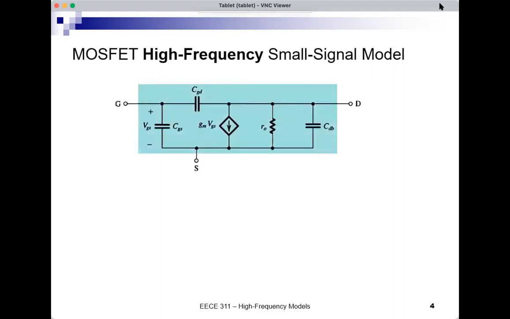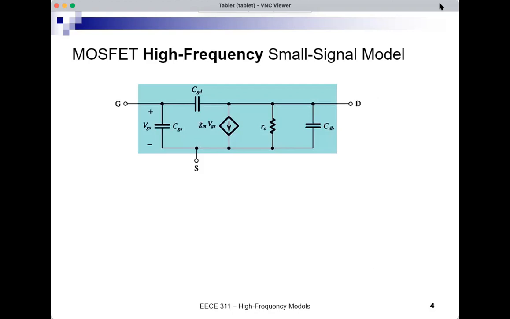And the reason is the MOSFET small signal model at high frequency, so when omega becomes large, so away from DC, includes capacitors inside the MOSFET. So there are 3 capacitors inside the MOSFET due to capacitive effects inside the device itself.